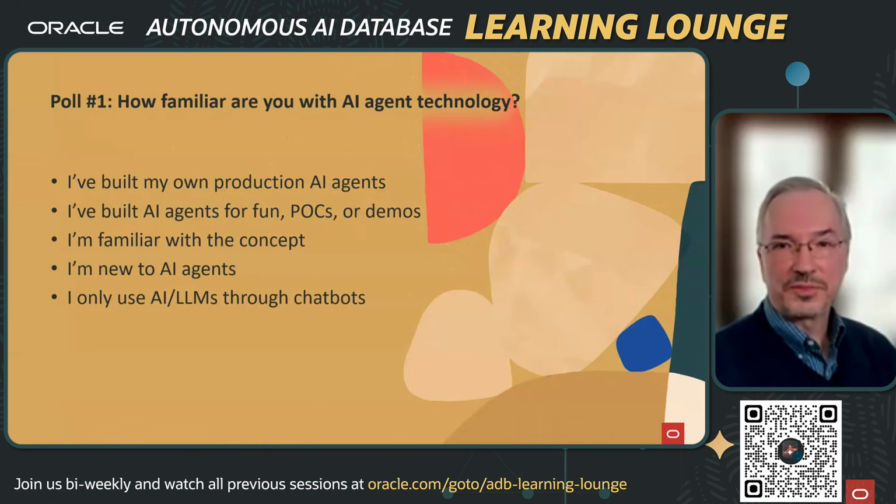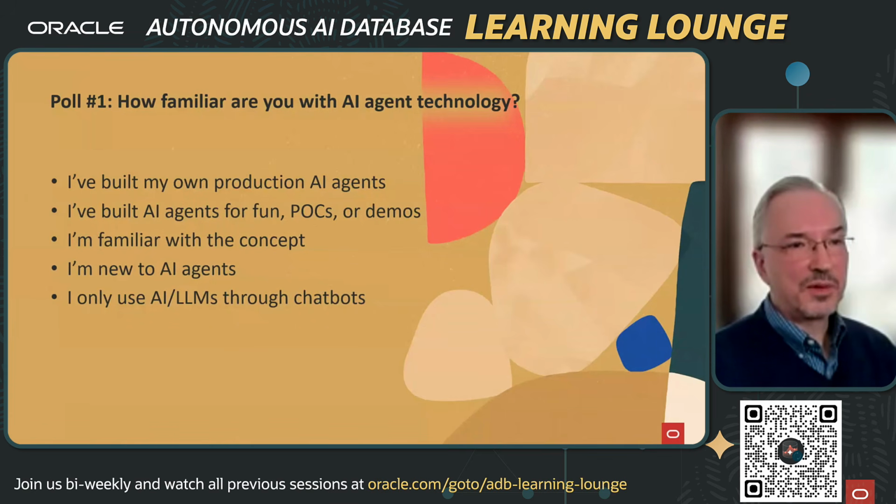So, Marcos, let's take a quick poll of our audience. How familiar are you with AI agent technology? Perhaps you've built your own production AI agents or built AI agents for fun, POCs or demos. Maybe you're familiar with the concept of AI agent, or perhaps totally new to AI agents. And I suspect that some may have only used AI and LLMs through chatbots. Oh, quite an interesting result here.